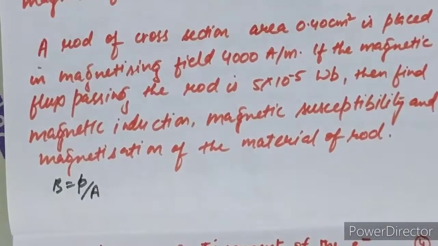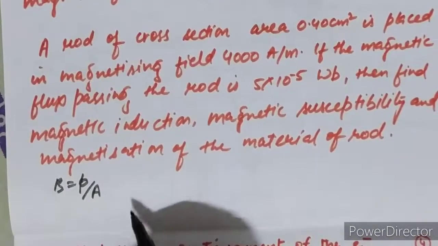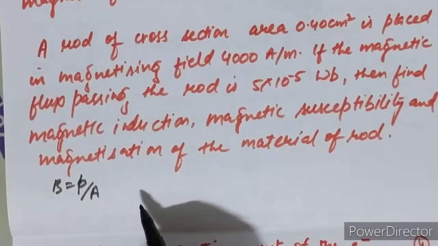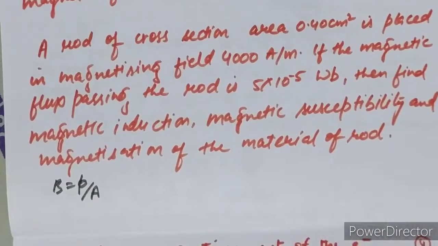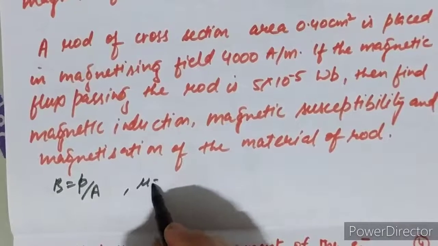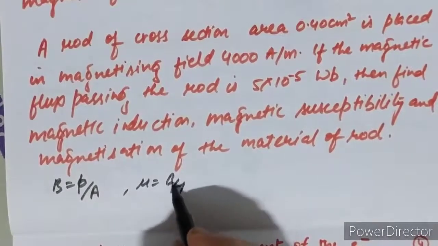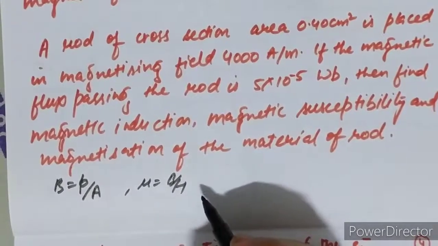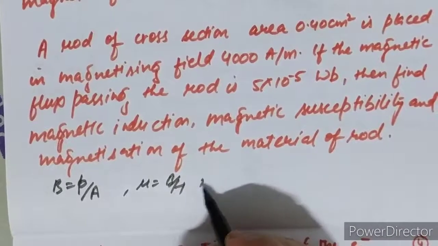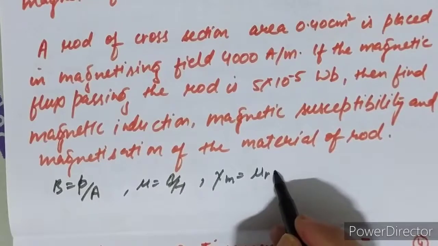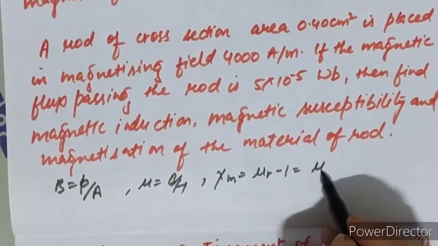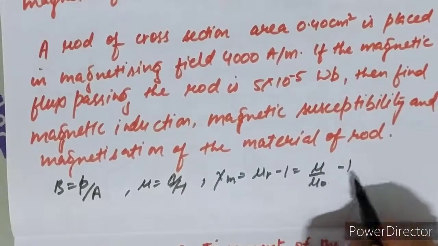Then you have to calculate the magnetic permeability first, so mu is equal to B upon H. After that, calculate the susceptibility, that is mu r minus 1, meaning mu upon mu naught minus 1.